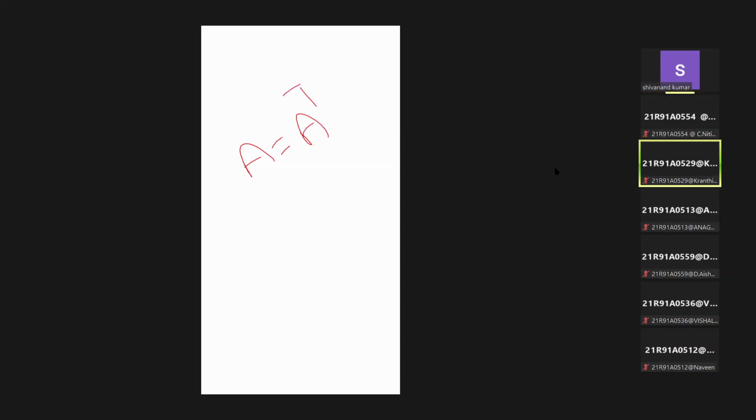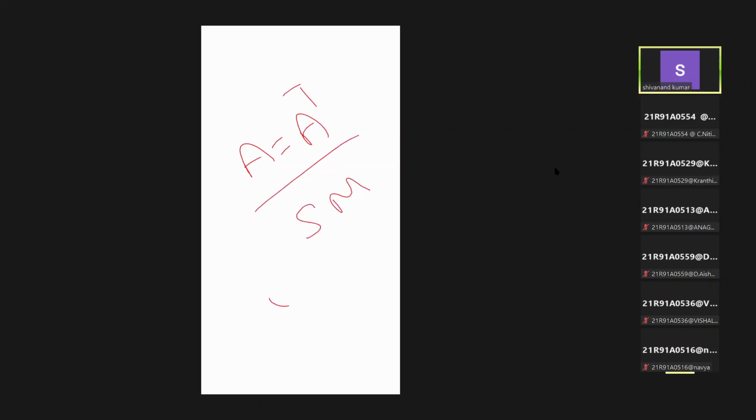So the symmetric matrix and the quadratic form have a strong relation. A is equal to A transpose is a symmetric matrix. In a quadratic form also, the matrix should be a symmetric matrix.